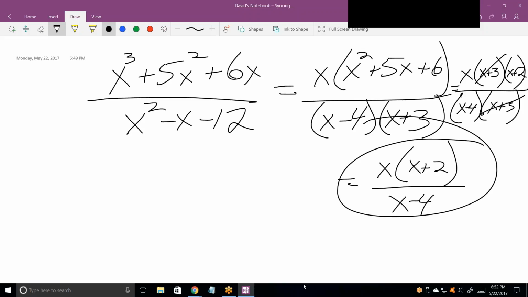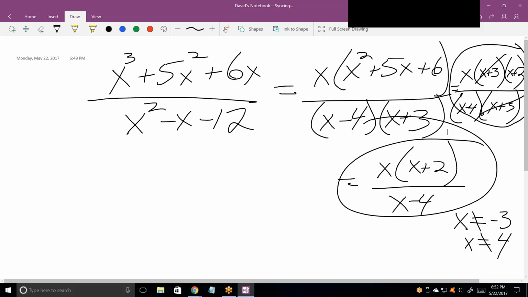The exact answer is that x can never be equal to minus 3, as well as it can never be equal to 4. In other words, whatever domain restrictions were on that do not disappear just because I was able to cancel out the x plus 3.